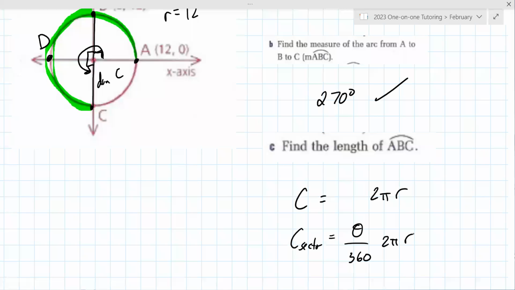Okay. So your angle, that's why you found the angle in part B. Your angle is 270. Your radius we talked about is 12. So I want you to try simplifying this for me, please.